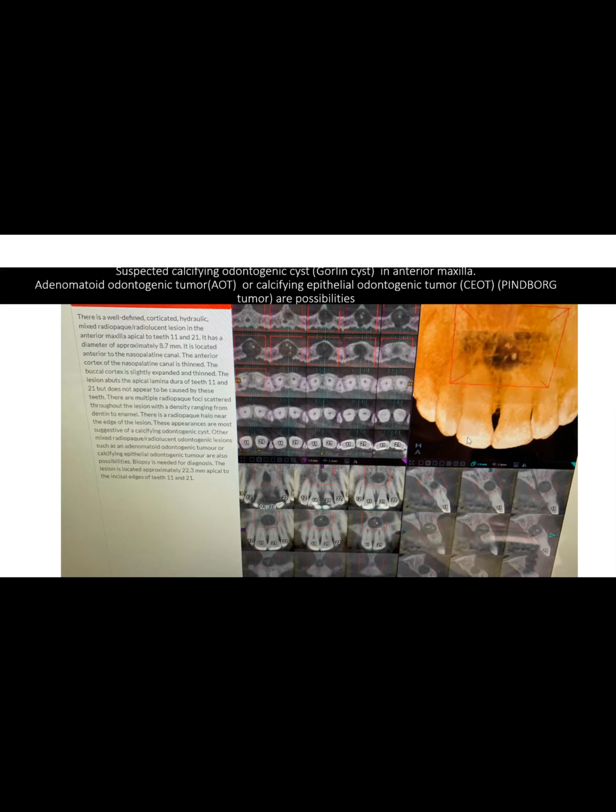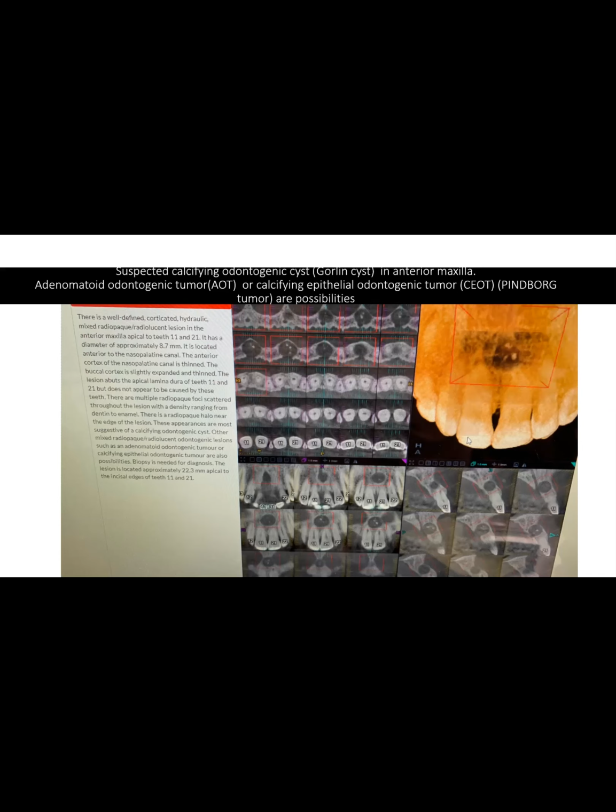The buccal cortex is slightly expanded and thinned. The lesion abuts the apical lamina dura at teeth 1-1 and 2-1, but doesn't appear to be caused by these teeth. There are multiple radiopaque foci scattered throughout the lesion with a density ranging from dentine to enamel.